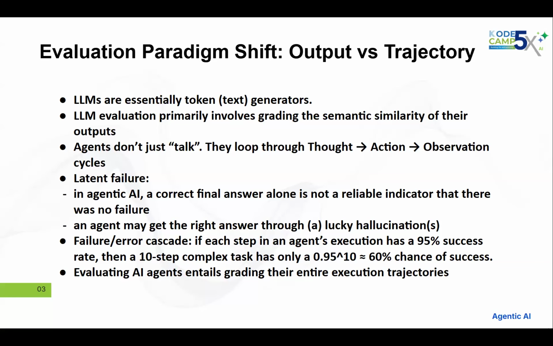And if not, then it loops back to reason about the outputs to see what's wrong, and based on that, it tries to modify its action plan, and then goes back to carry out the action. So it goes through thought, action, observation cycles.